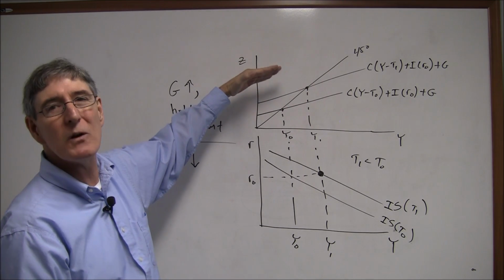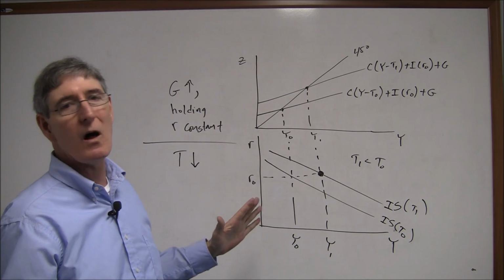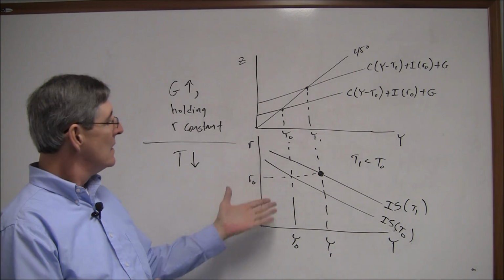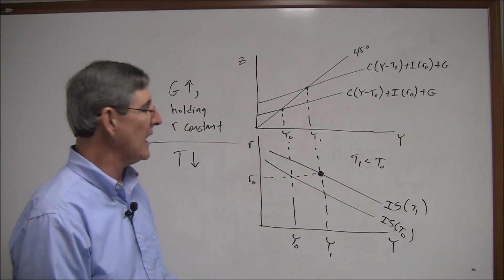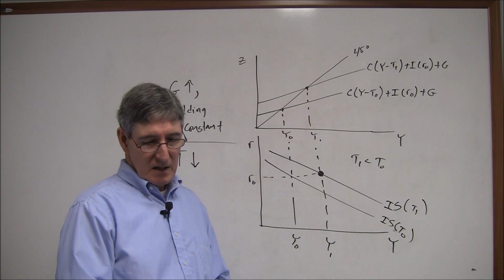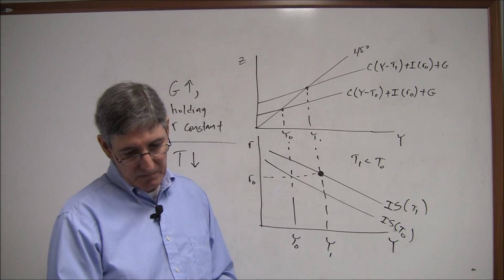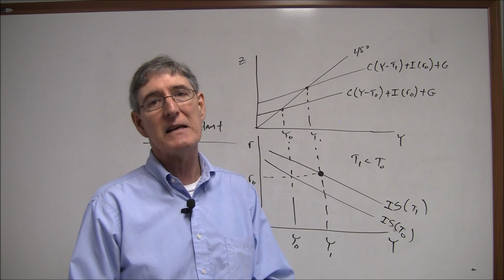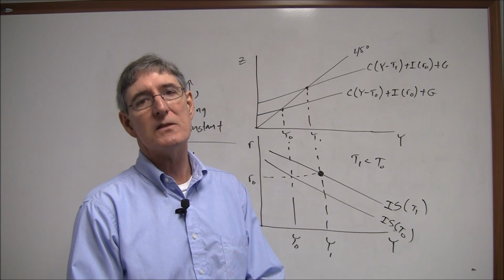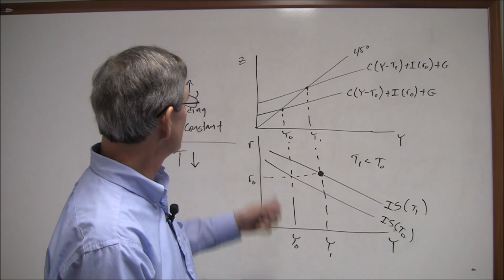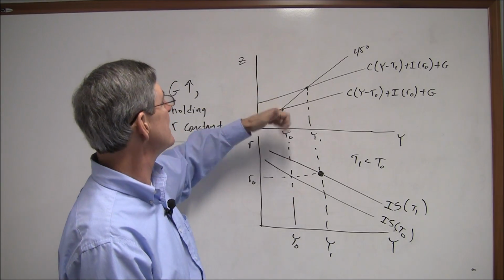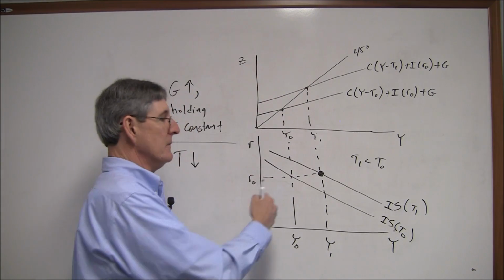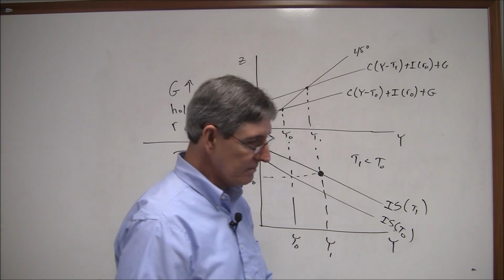Anything that shifts the 45-degree line up, and we went all through that earlier in the course, will cause the IS curve to shift out. The four main things that we're going to use in the quizzes and in the class are government spending, taxes, business confidence, and consumer confidence. So G up, T down, confidence up: this will shift up, and shifts the IS curve out.